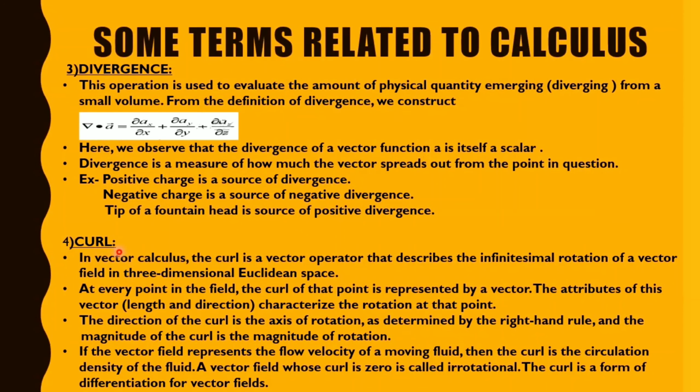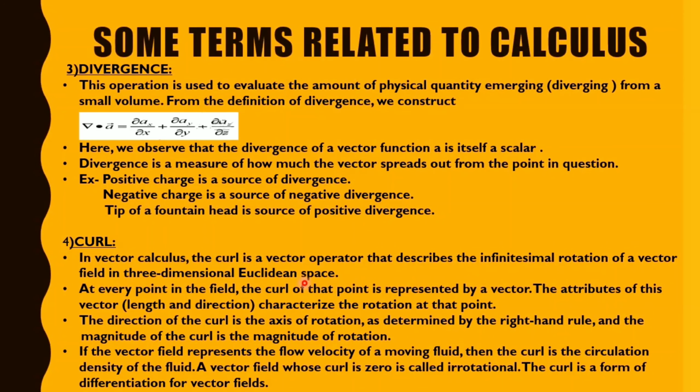Now curl. In vector calculus, the curl is a vector operation. So what is a curl? In vector calculus, curl is a vector operator that describes the infinitesimal rotation of a vector field in three-dimensional Euclidean space.